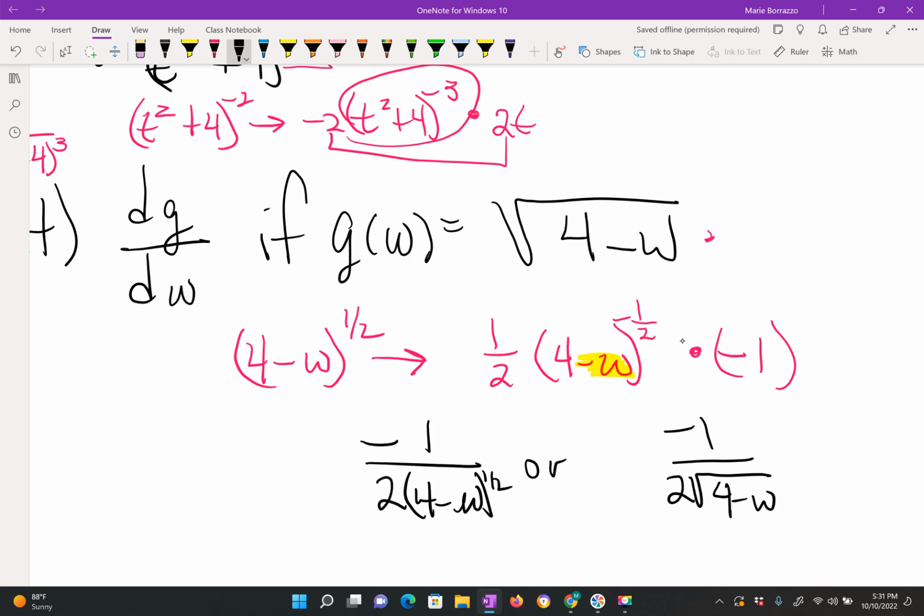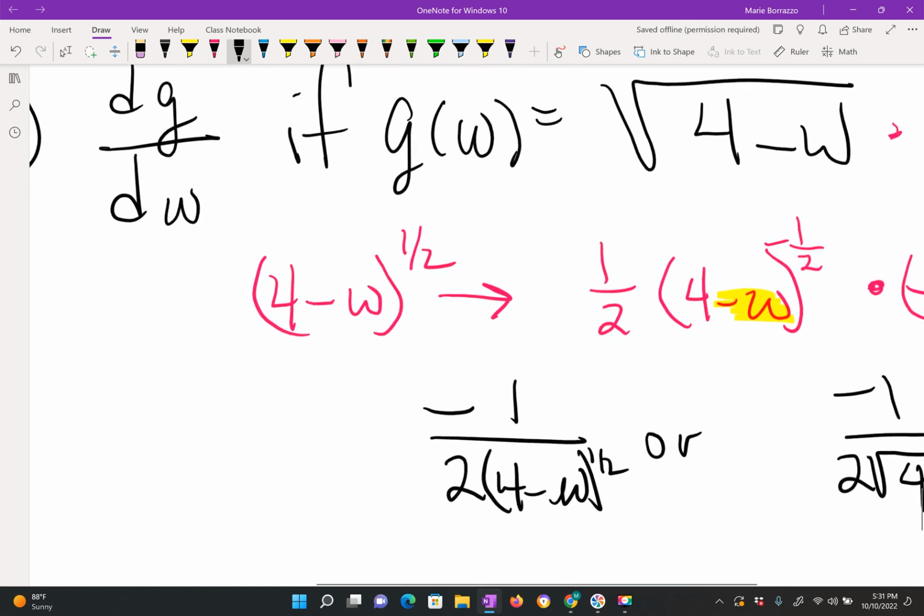So let's look at example 4. And this is the example, the way they show this.